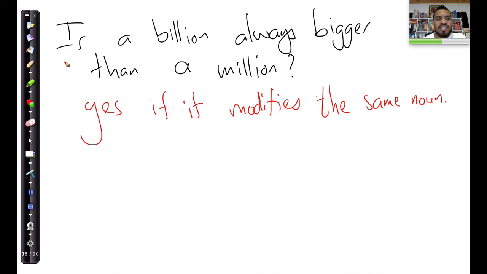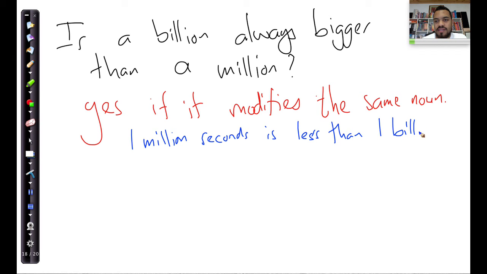So what are we saying? We're saying if you have the same quantity, you can compare a ratio. For example, 1 million seconds is less than 1 billion seconds.